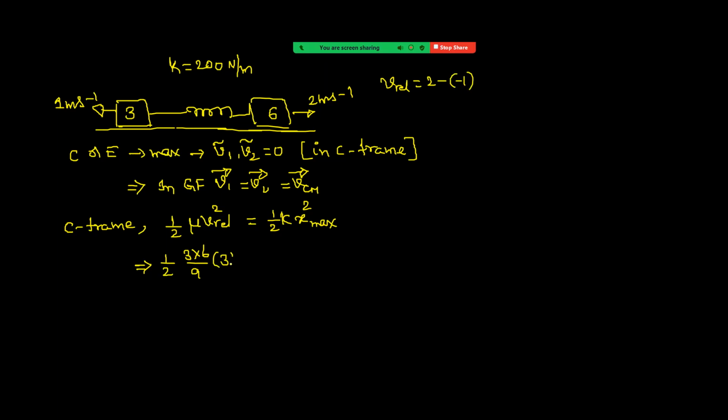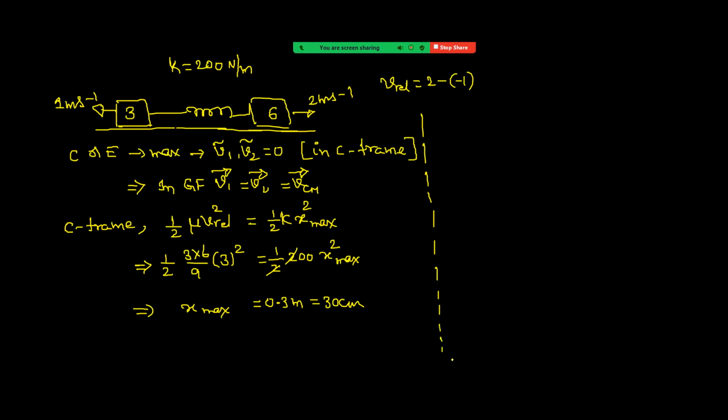V relative square, 3 square, that is equal to half k, value 200, x square maximum. 3 into 6 by 9 is 2. Half and half get cancelled. 3 square. X maximum is equal to 3 by 10, right? 0.3 meter, or this is 30 centimeter. Okay. Like this, we can solve the question from center of mass.